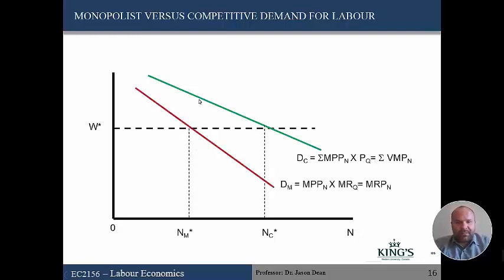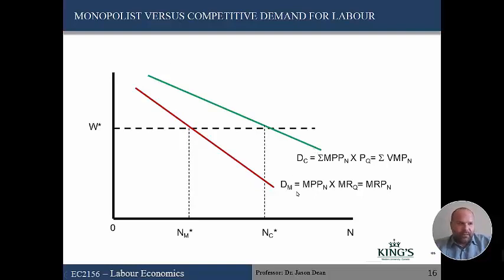A monopolist then will have a demand curve that's slightly more inelastic, and it's going to lie below this. That's because marginal revenue product is going to be falling. Here you're going to have this falling because the marginal product of labor is falling. Remember, diminishing returns is why it's downward sloping.